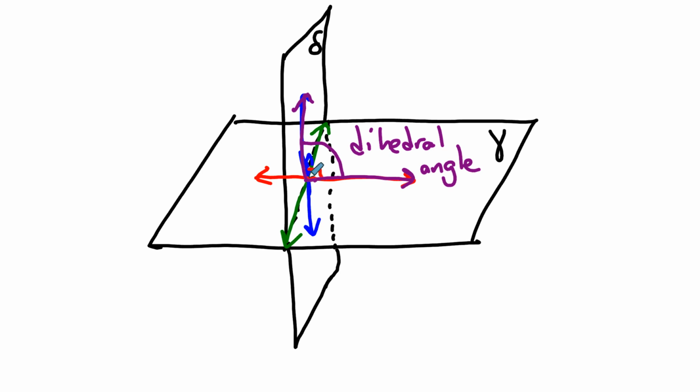Same point in the line of intersection. And the angle between those two rays is considered the angle between the planes. It's the only way we can think of to measure the angle between two planes. So you have a right angle between two planes if the dihedral angle measures 90 degrees.